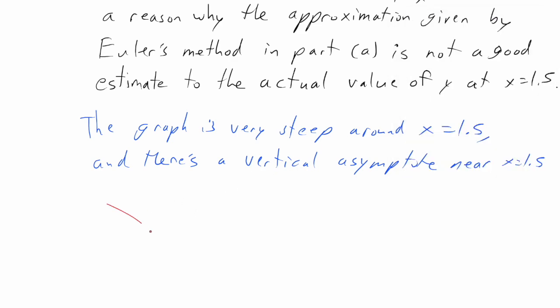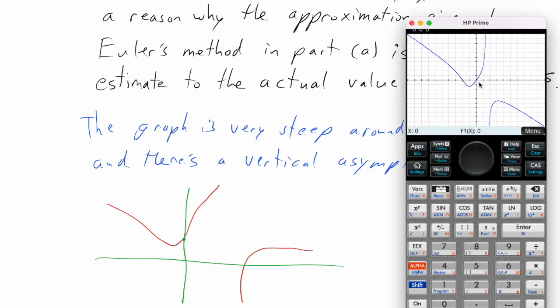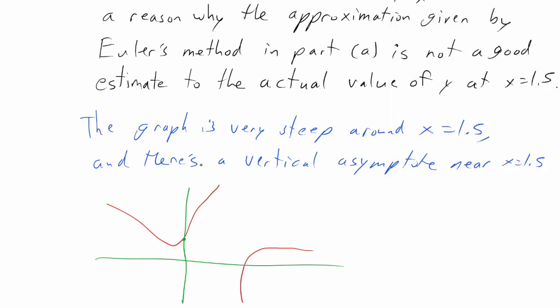So the graph looks like that and like this. The way Euler's method works is going from x equals 0. Actually, we're starting with x equals 1 in our Euler's method. So x equals 1. Let's draw that a little bit more accurately. At x equals 1, it's very steep.